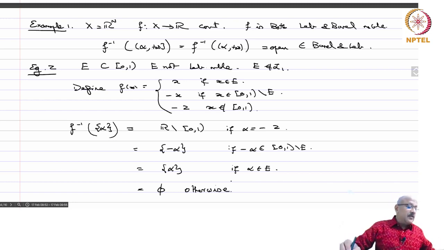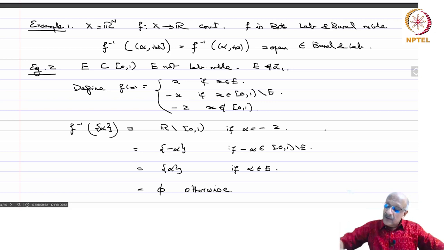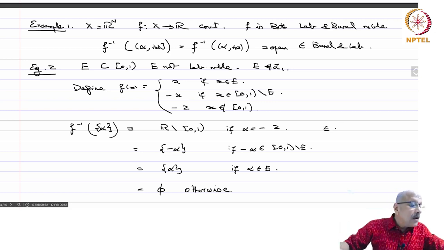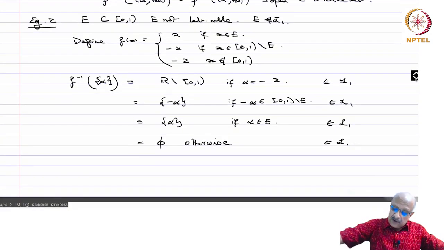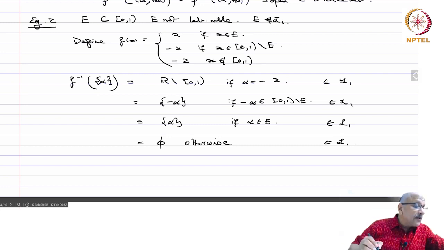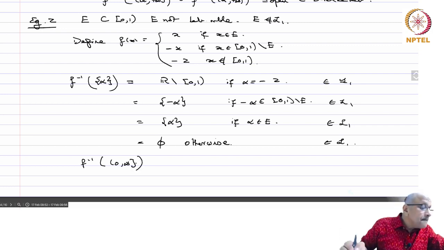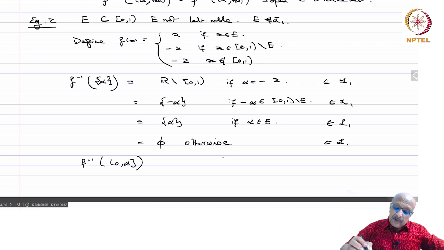So you can very easily verify all of this. All of these belong to S, so every f inverse of the singleton alpha is in S. Now if you take f inverse of (0, infinity), the only place where it takes positive values is on E, and this is equal to E, but this does not belong to L1, which implies f is not Lebesgue measurable.